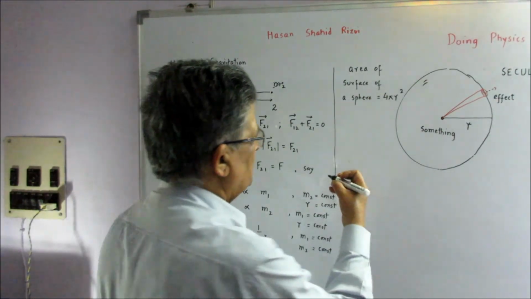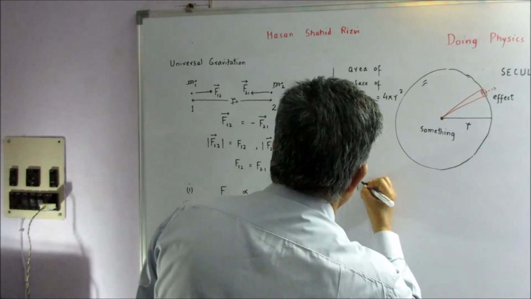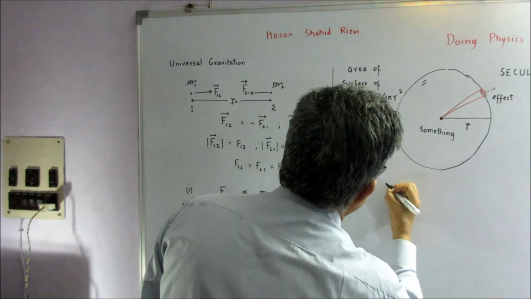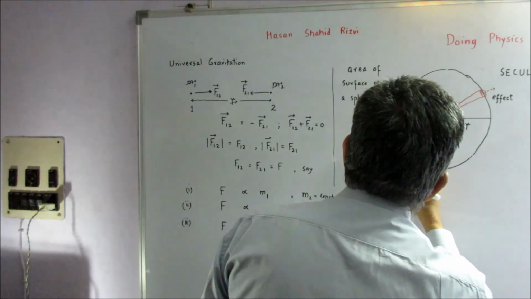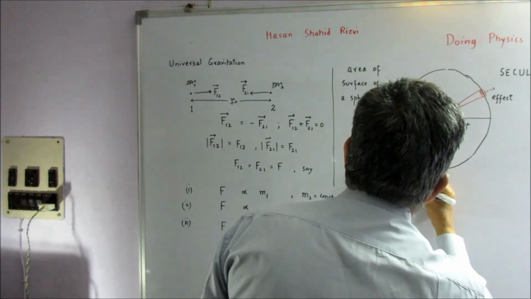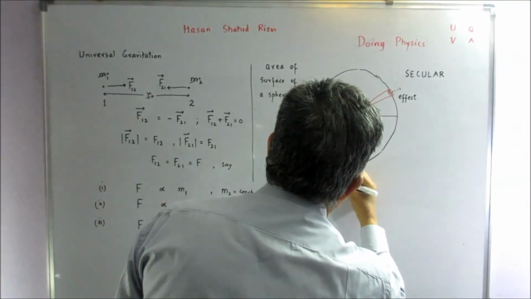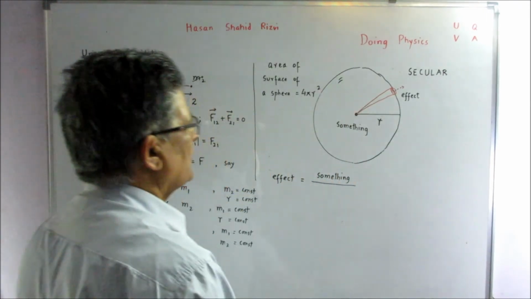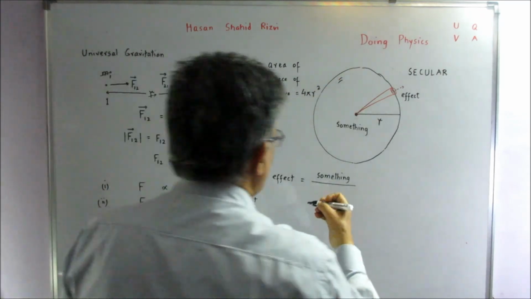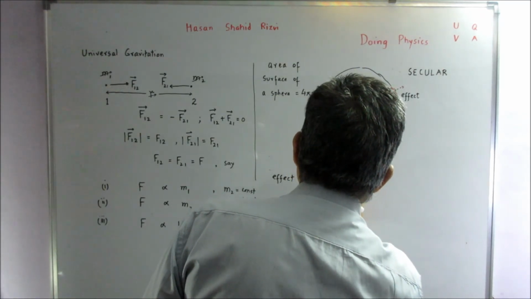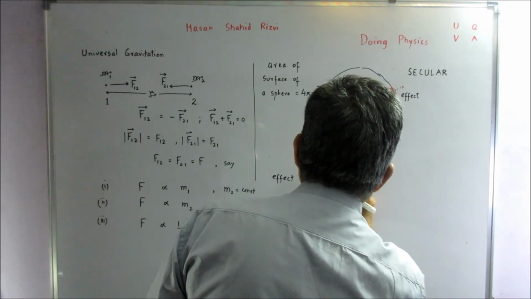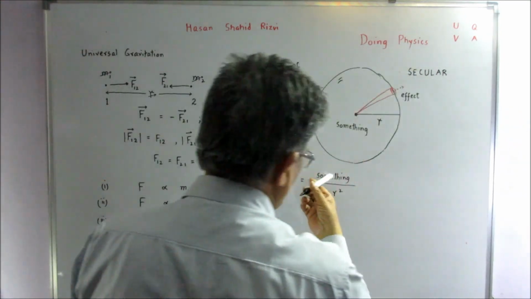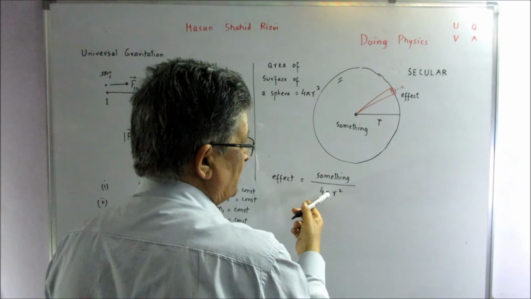So what is the effect? The effect will turn out to be, look here, very interesting, something, which may be per second or whatever, this something which is coming out of the center and spreading out, divided by 4 pi r square. Now we can say this something is a constant, and so is 4 and so is pi.